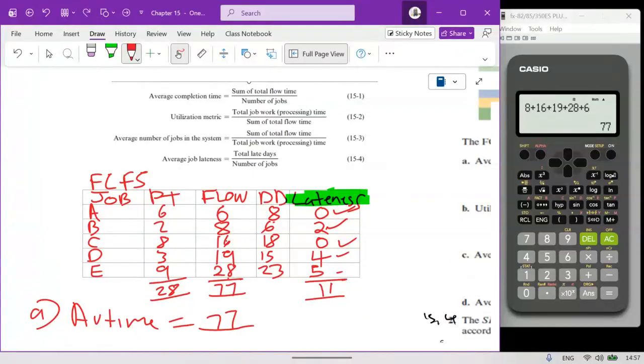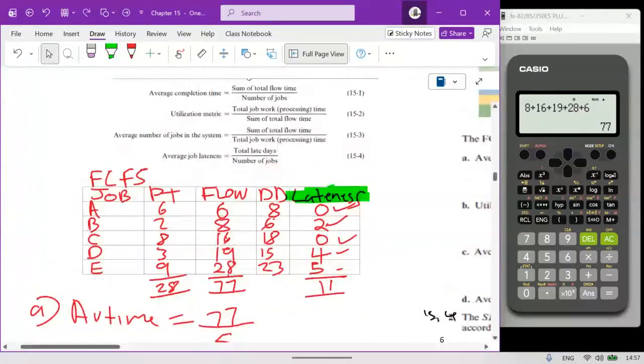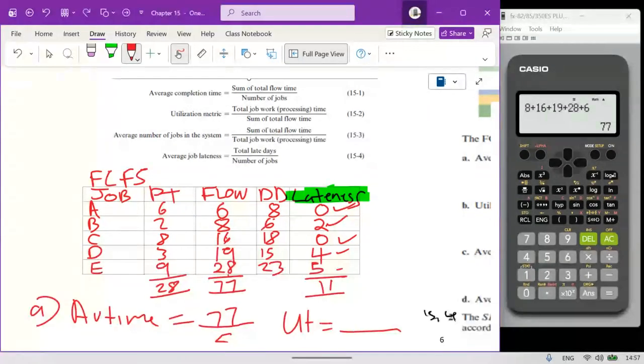There are 5 jobs. Okay, then we have utilization, which is in percentage form. Utilization equals total job work processing time, which is 28, over sum of total flow time, 77.